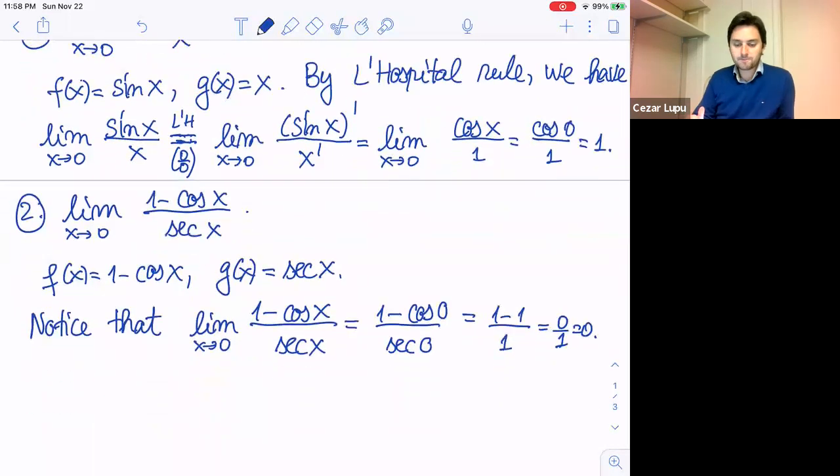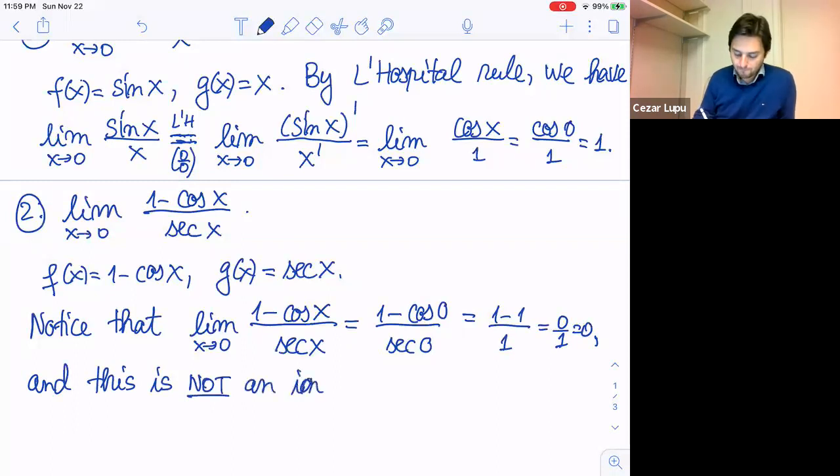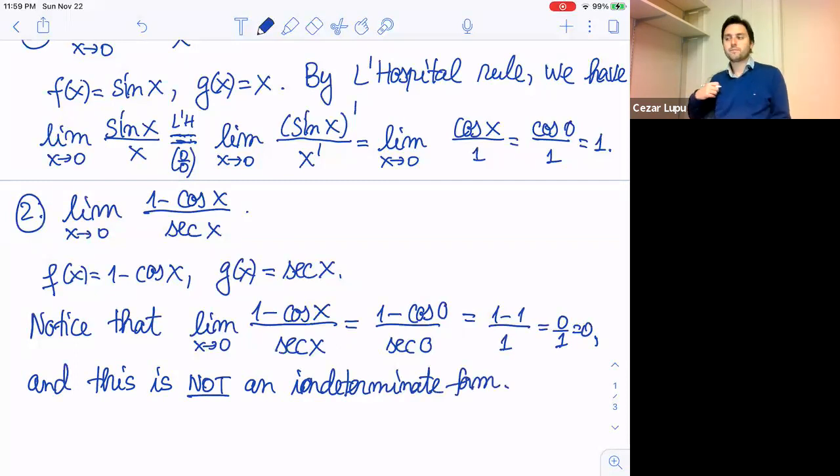All right. And this is not an indeterminate form. Okay, that's great.